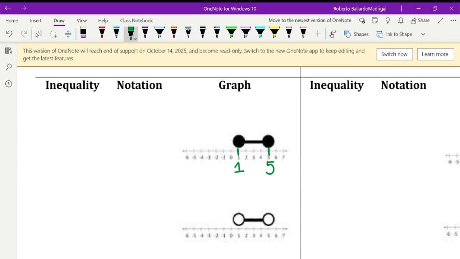So the inequality, how we're going to express this is, first off, we're going to think back to IM1. And we're going to talk about inequalities. Any graph that has a closed circle means that it has an inequality that is or equal to.